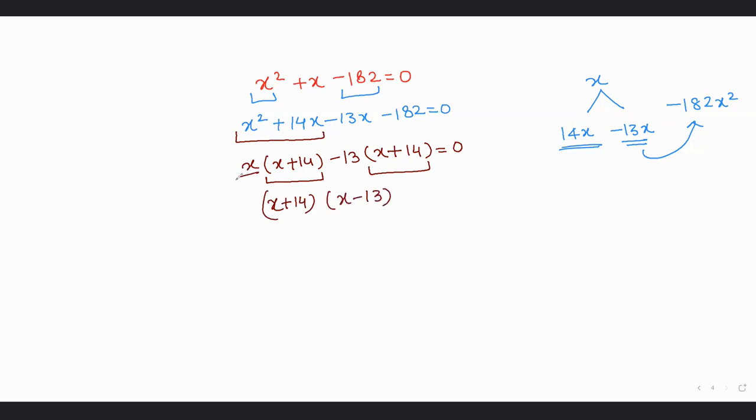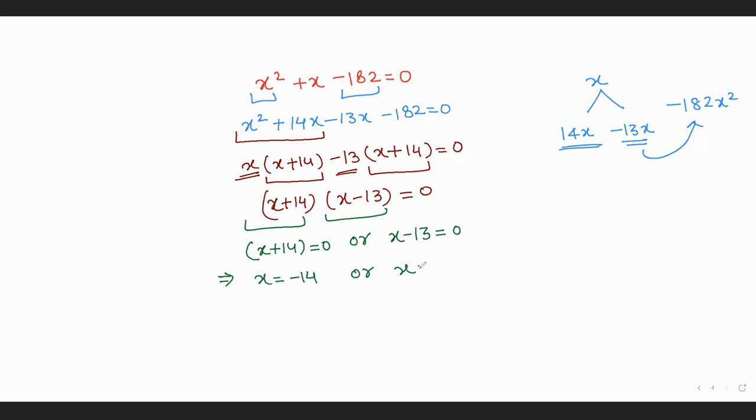The remaining part, that is x minus 13 equal to 0. Now, student, you can see from these two factors, we can say either x plus 14 is 0, or we can also say x minus 13 is 0. This implies we have x equal to negative 14 or x equal to 13.